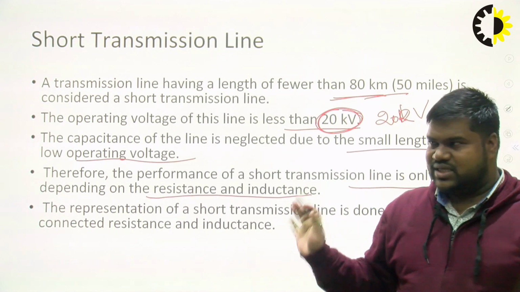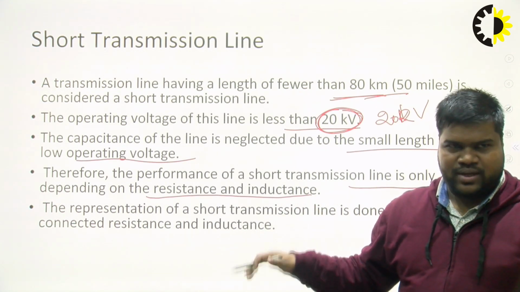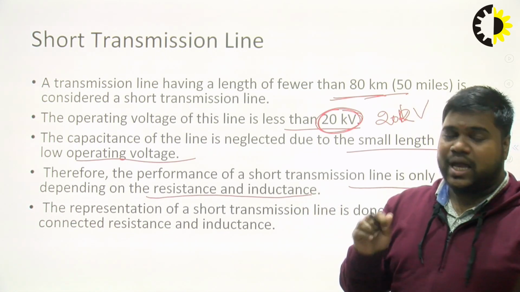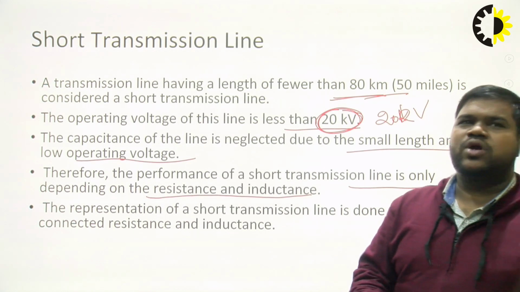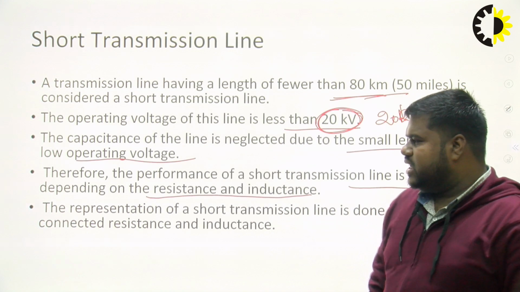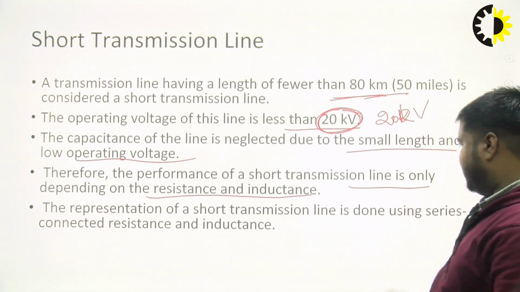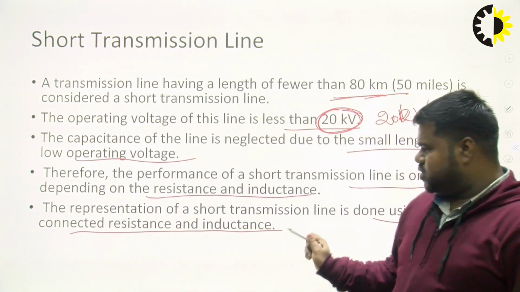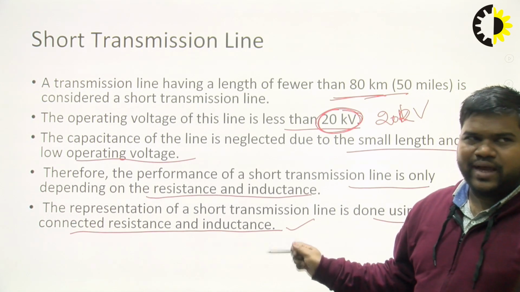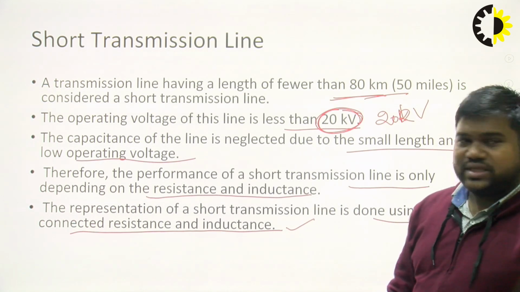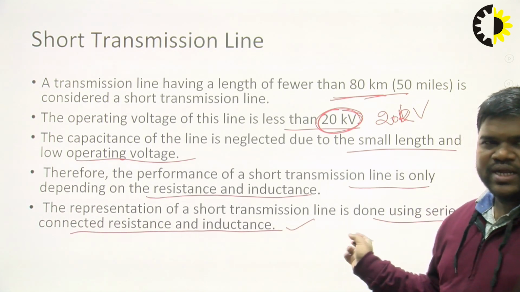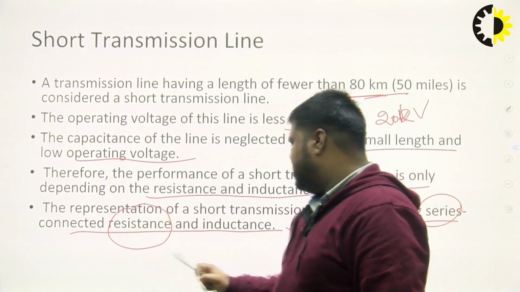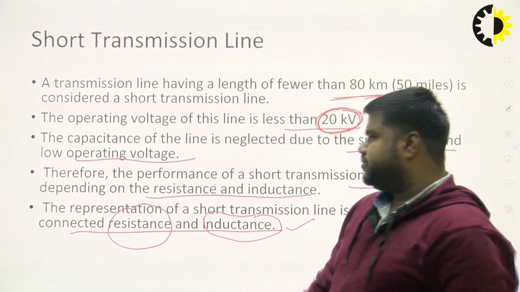In the circuit, we will see only the resistance and the inductance, and we will remove the capacitance. The representation of a short transmission line is done using the series connected resistance and inductance. This point is important while drawing the phasor diagram of the short transmission line.